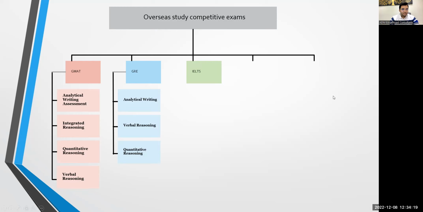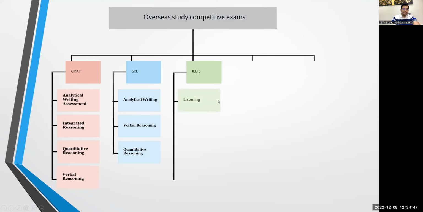The next category we are heading into is the English proficiency exam. Countries like USA, UK, Canada, Australia, they require an English proficiency test score, especially from a country like India, which is a non-English country. So they do require this proficiency test score from the students. So the first one is IELTS.